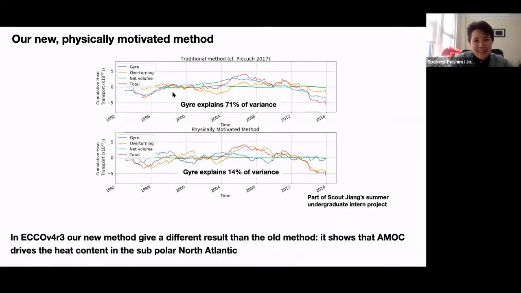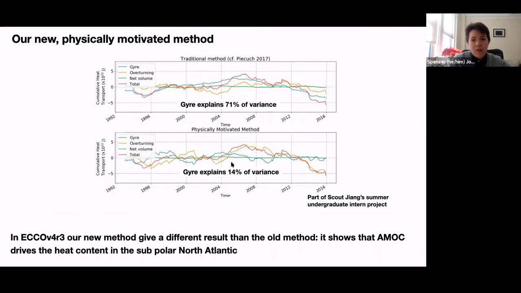Okay, so this is the figure I've already shown you, using the Pye-Cush method. In this figure, we find that the gyre explains 71% of the variance in total heat transport through the 45 North section.